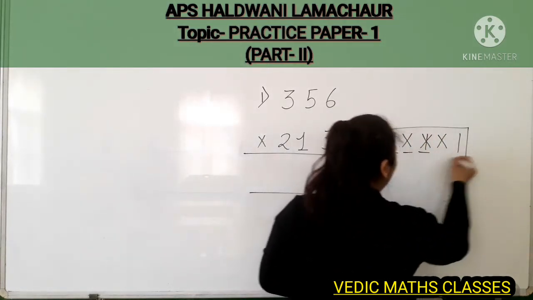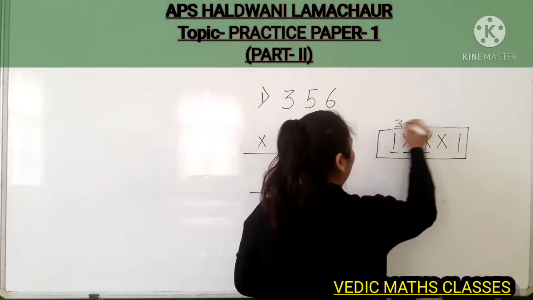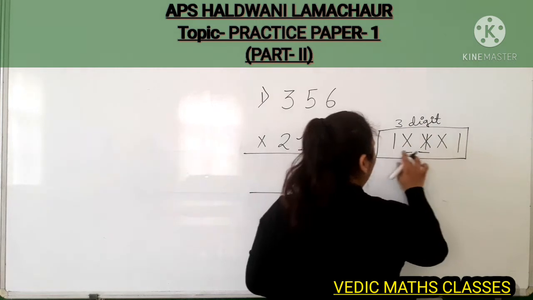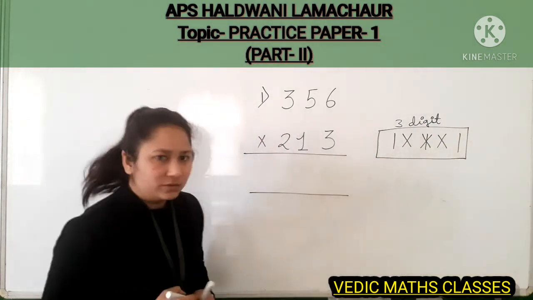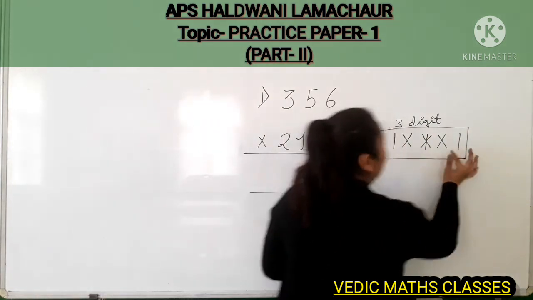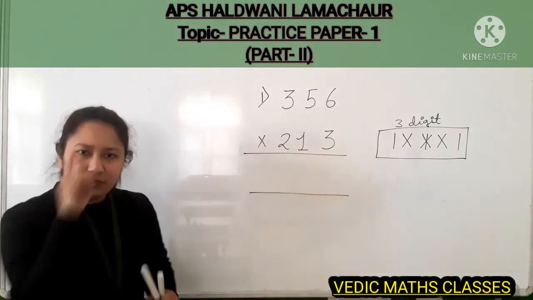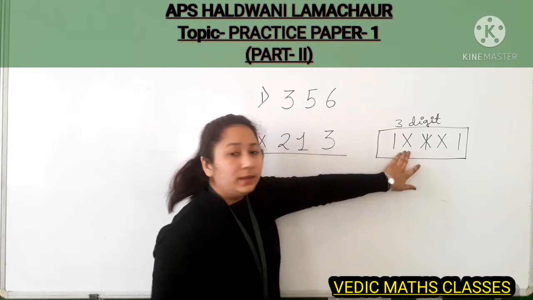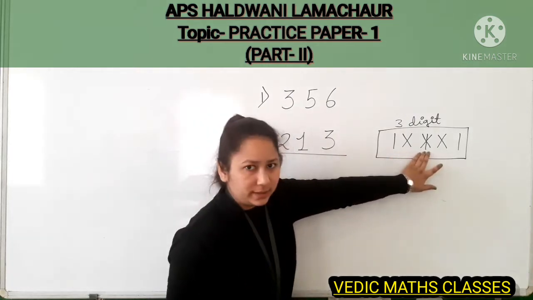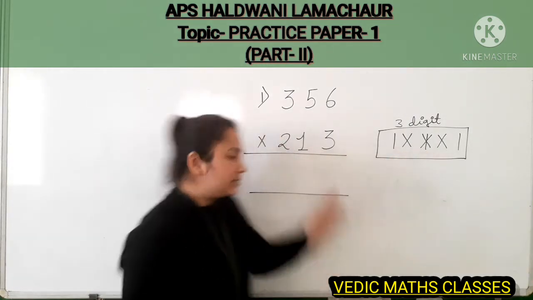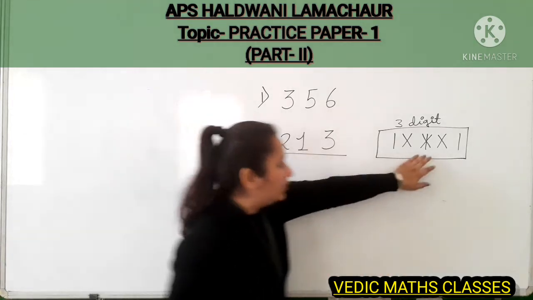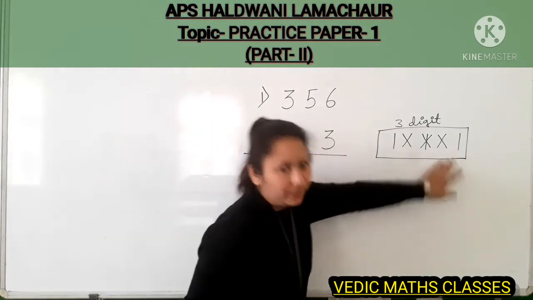So this is the pattern for 3-digit. So first of all 1, then 2, then 3. You can see 3 crosses are there. Then after 3, we will do back counting. After 3, 2, then 1.